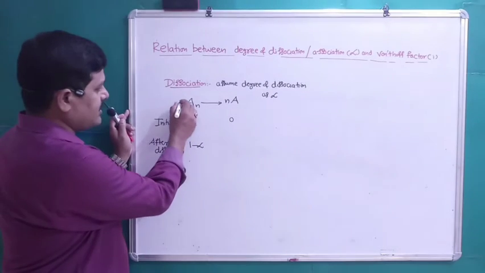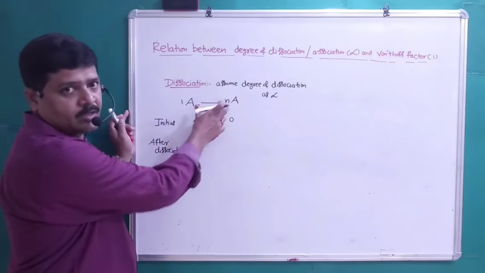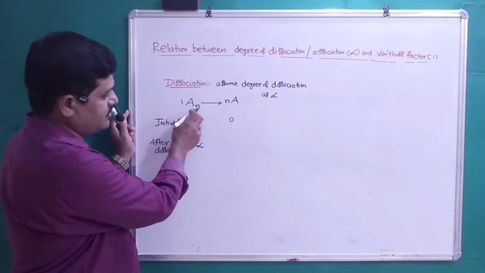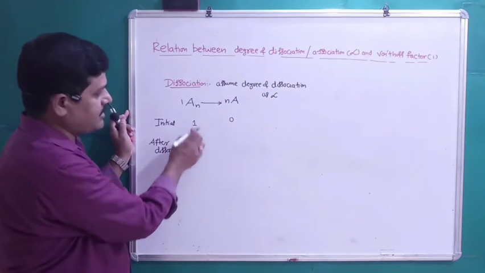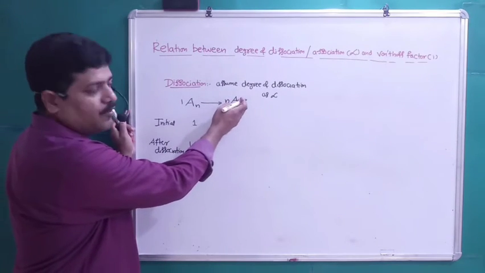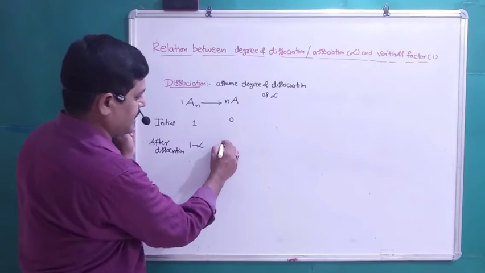Here the mole ratio is 1:n. 1 mole of A_n is dissociated to give n moles of A. When alpha moles is dissociated, the number of moles of A formed is n alpha.